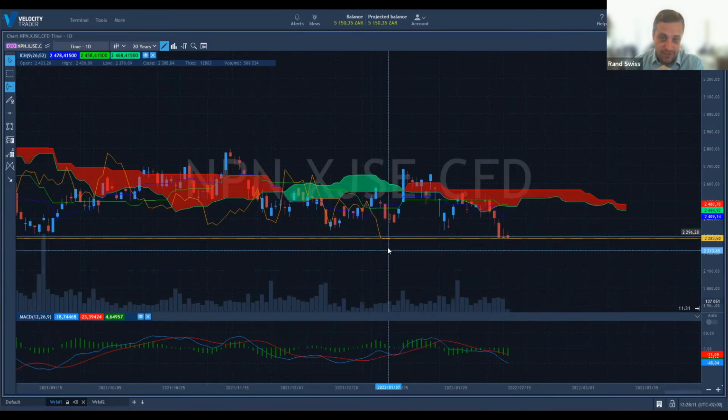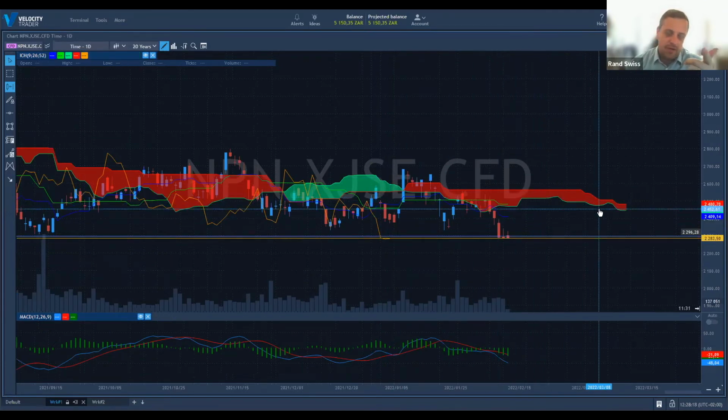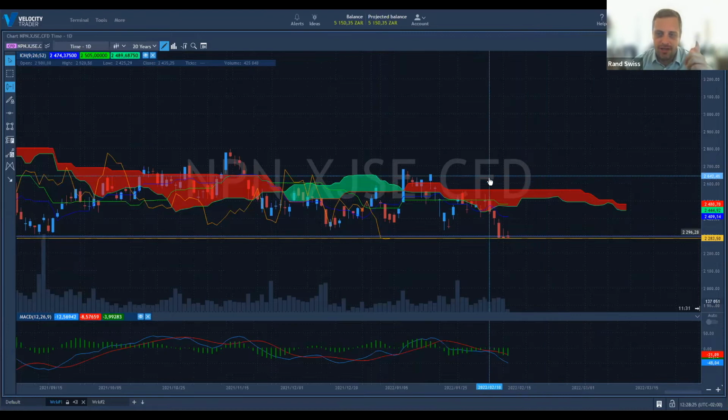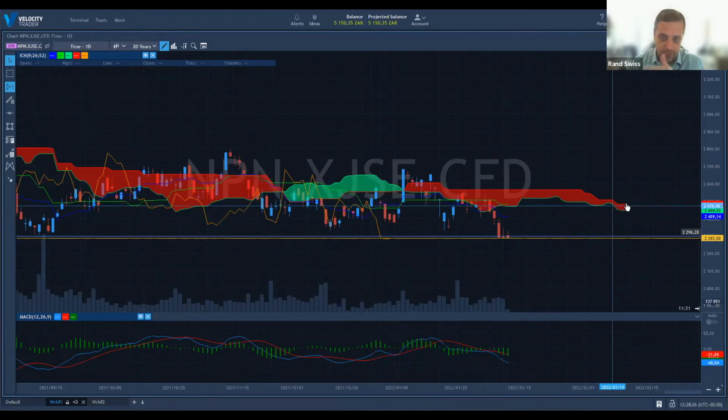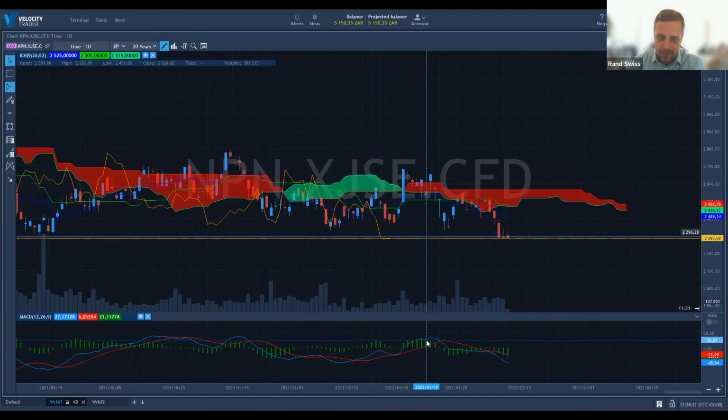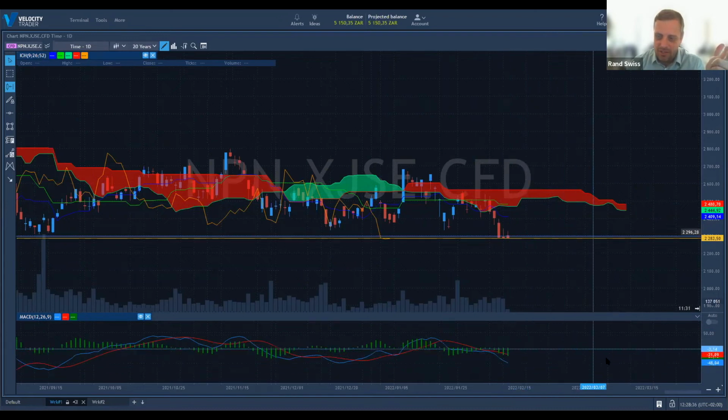Same thing. If we look at this line, it is below where price was 26 days ago. That's bearish. The cloud is bearish. It's not a very thick cloud, so that's at least helping, but it is red nevertheless, and it's predicting bearishness going forward. Short-term moving average below medium-term moving average. That's bearish. The MACD is trending down and it is below zero. That's bearish.